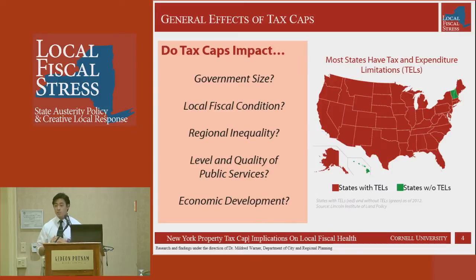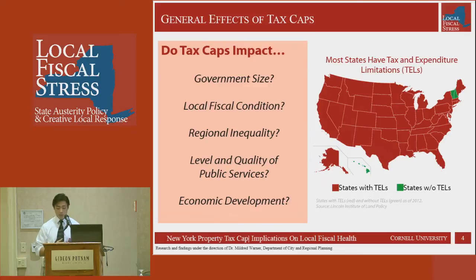So if you are interested, please take a look at our issue briefs. They go into more detail, and the study has been compared across the 30 years since the first adoption of a tax expenditure limitation. In general, we found that the tax caps have little impact on local government size and increase the dependence on state aid and user fees.